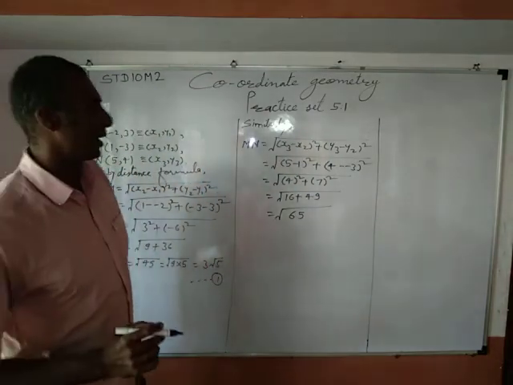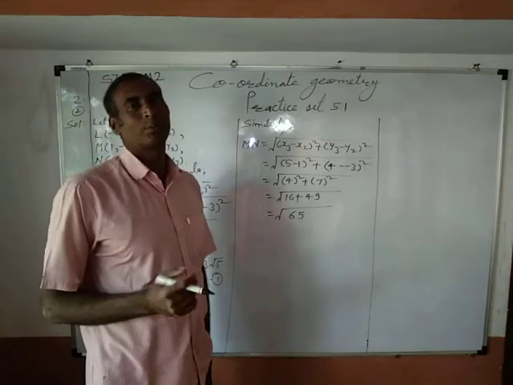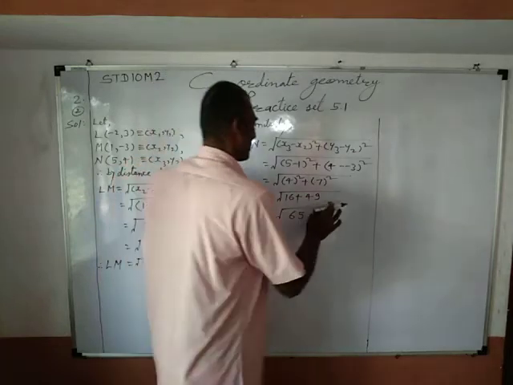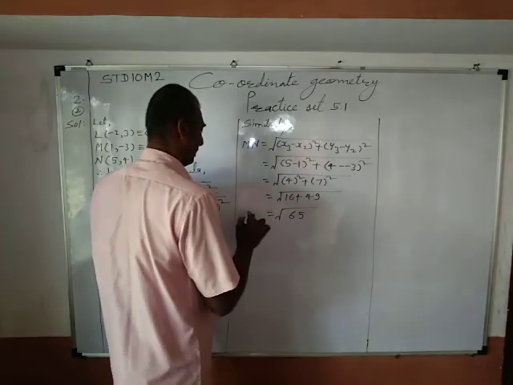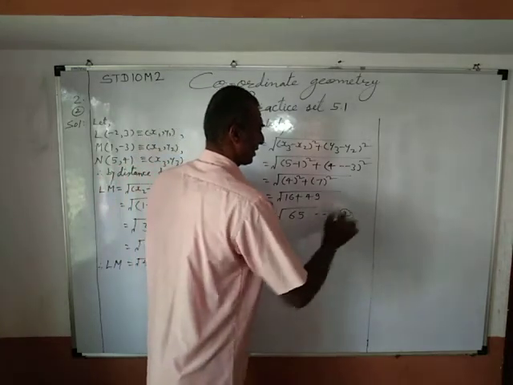And 65 at the most we may factorize as 13 into 5. Neither 13 nor 5 are perfect squares, that's why let's keep MN equals root 65. Equation second.